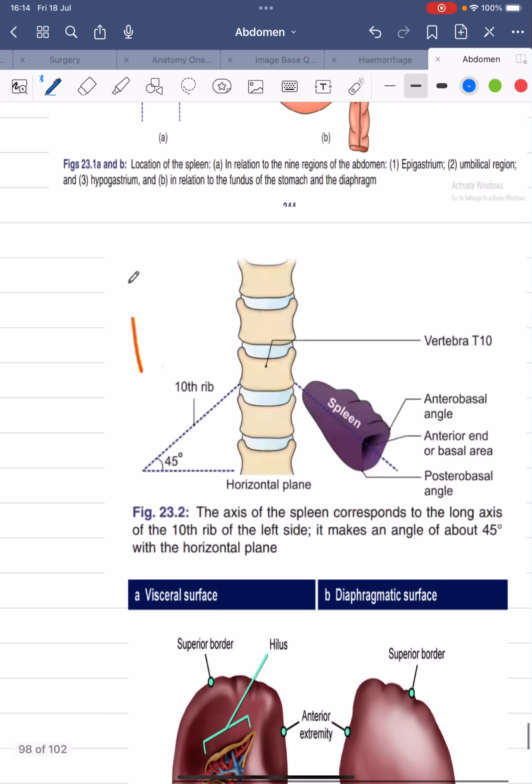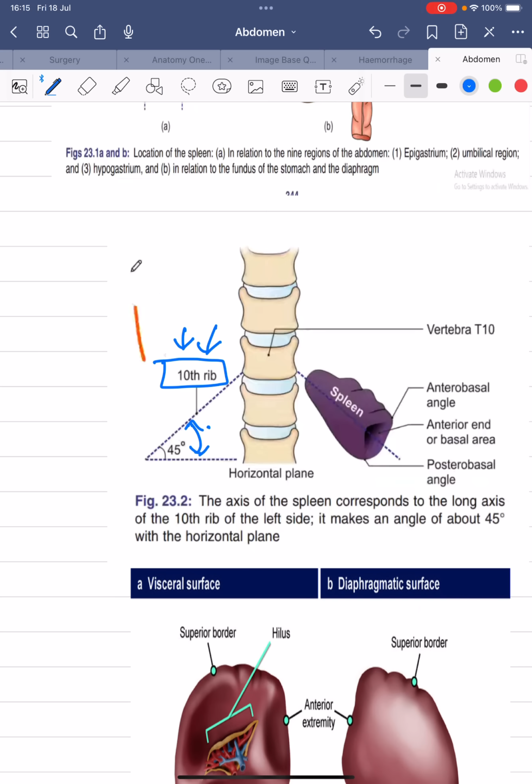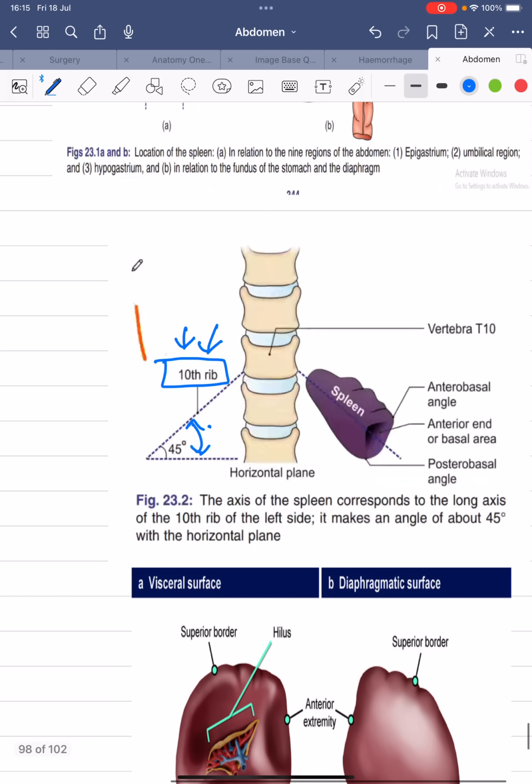It lies obliquely along the axis of the 10th rib, making a 45-degree angle with the horizontal plane. So this is the horizontal plane, and your spleen is making a 45-degree angle with it.